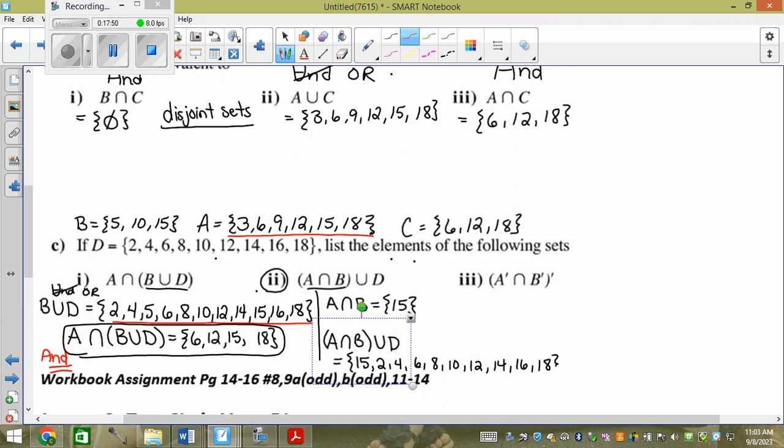Done. Or you literally take the one set, write everything out of it, other set, write everything out of it. If you've written it already, don't write it twice. That's the only catch. If 15 was already written, I wouldn't have written it again. If you do write it again, they're not even going to hurt you because of it. They would just be like, well, that kid shouldn't have written it twice.